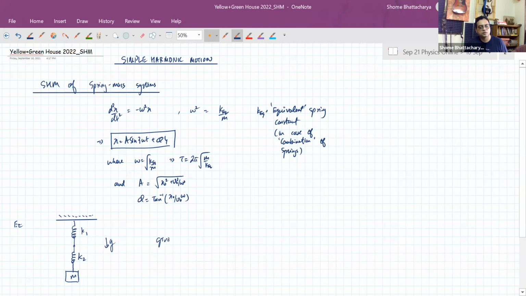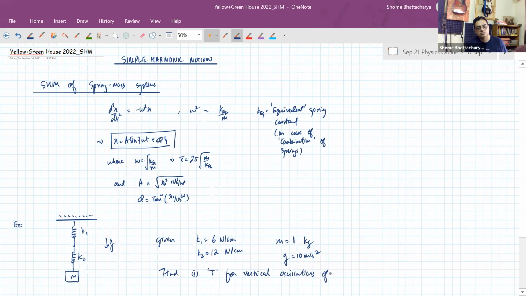Given that the spring constants are 6 newtons per centimeter and 12 newtons per centimeter, and the mass of the block is, let us say, 1 kilogram, and take g as 10 meters per second square. So first of all, find the time period for vertical oscillations of the block.